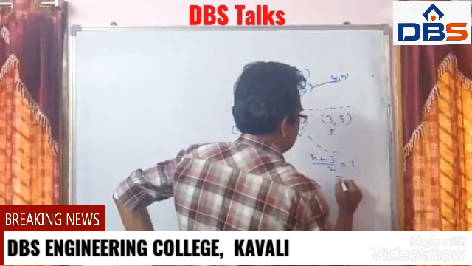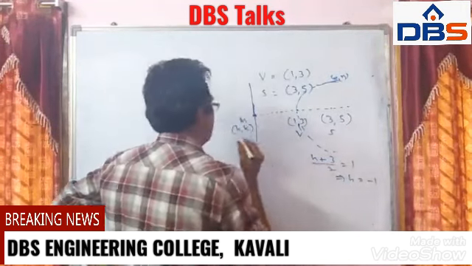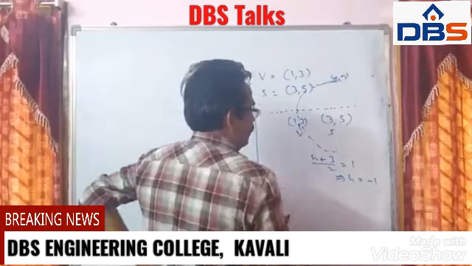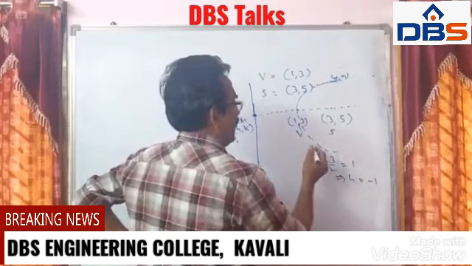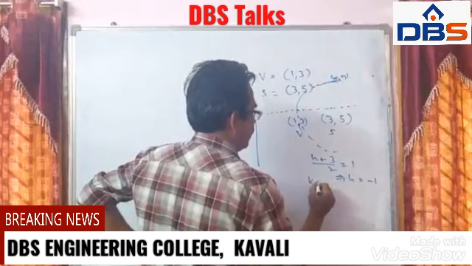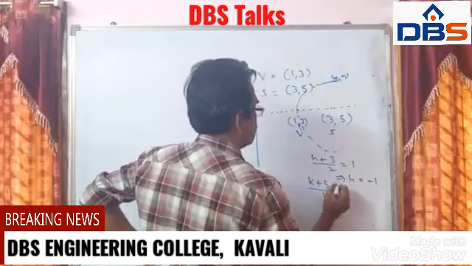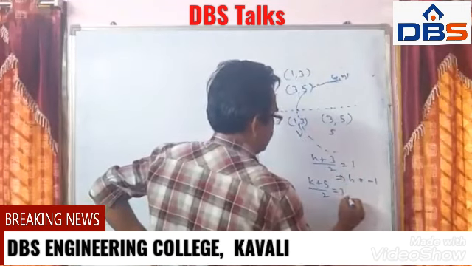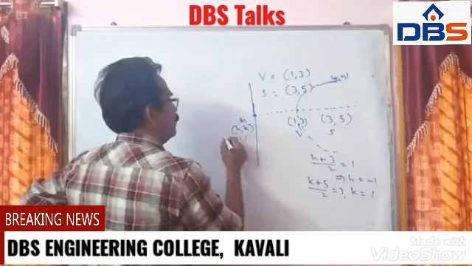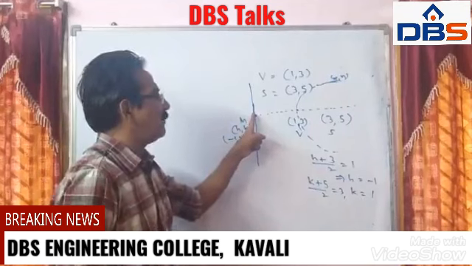It implies h is equal to 2 minus 3, minus 1. And (k plus 5)/2 is equal to the y coordinate 3. It implies k is equal to 6 minus 5, 1. k is equal to 1. So we know this point, friends. This point is (-1, 1).